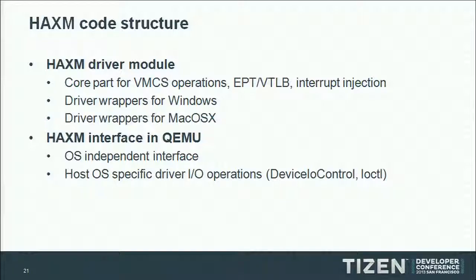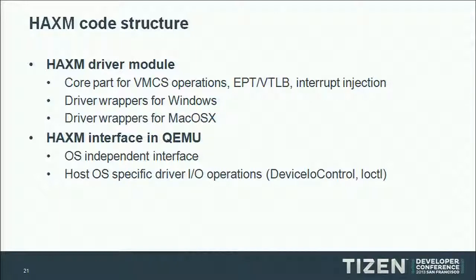One is the core part for all the hardware virtualization tasks: the CPU virtualization, memory virtualization, and the interrupt virtualization. And the other parts are the driver wrappers. One is for Windows, and one is for Mac OS.